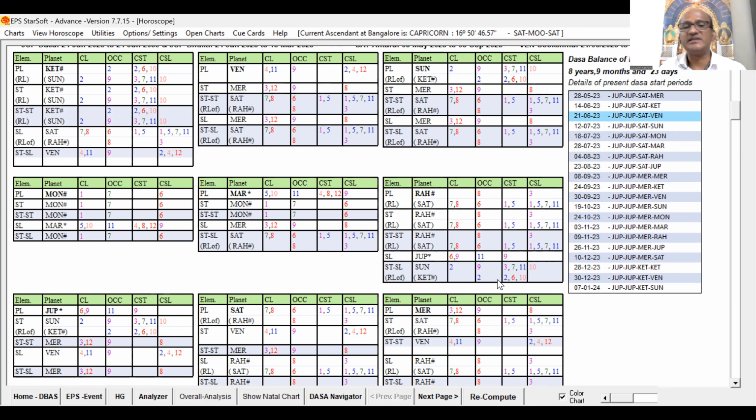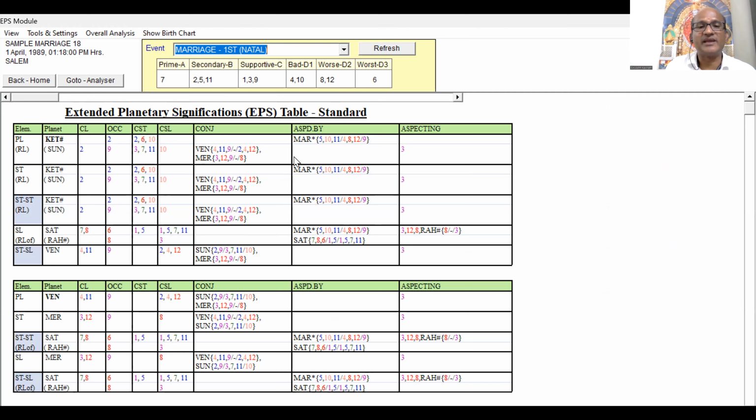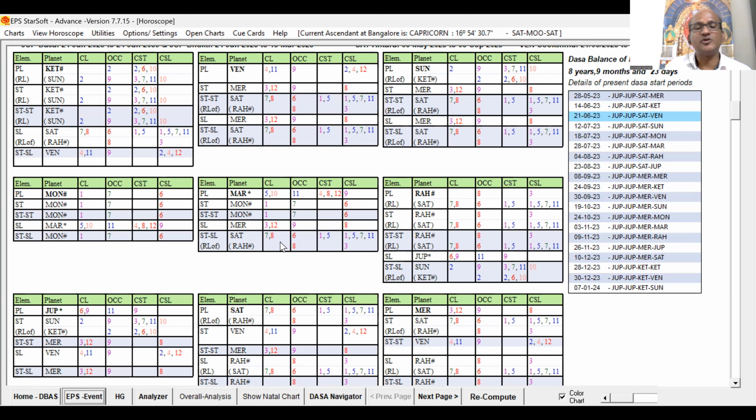Small EPS tables, only CST, CSA. If you go to the EPS main table, you can see extended planets, conjunct planet, aspected by planet, aspecting, all these things. This is a small table for ready reference.